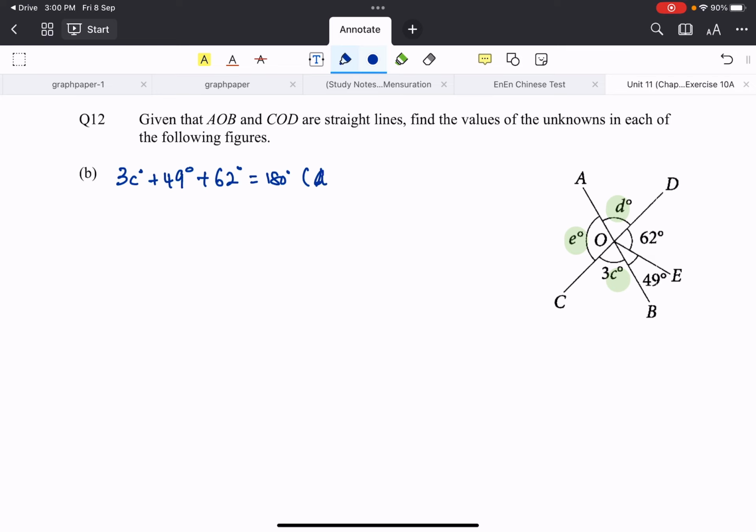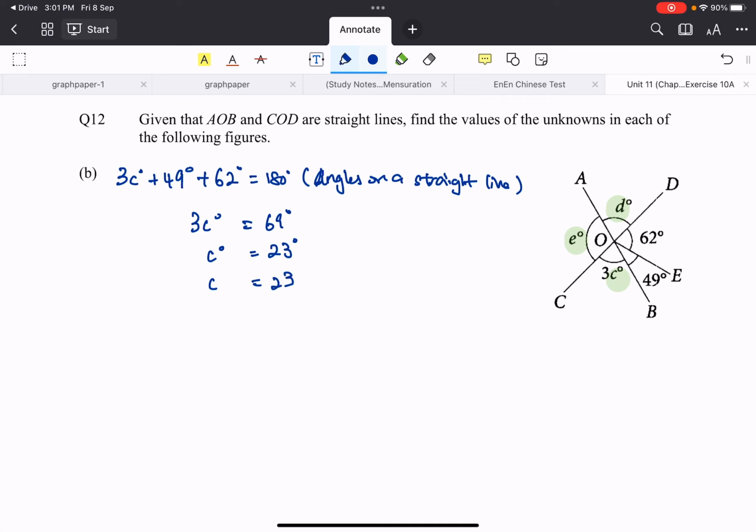They are angles on a straight line. So from here we work it out. We have 3C degrees is 69 degrees. So C degrees is 23 degrees. C equals 23. Right? So we got our C.